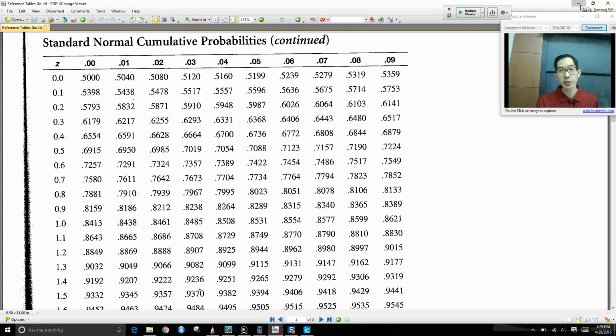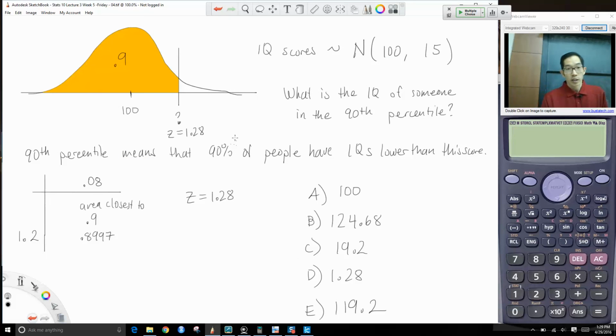Z is 1.28, okay? And we want to turn that 1.28 into an IQ score, okay? So the z-score, if you recall what a z-score means, this is the number of standard deviations we are away from the mean. Okay, so this person's z-score is 1.28 standard deviations above the mean, okay?